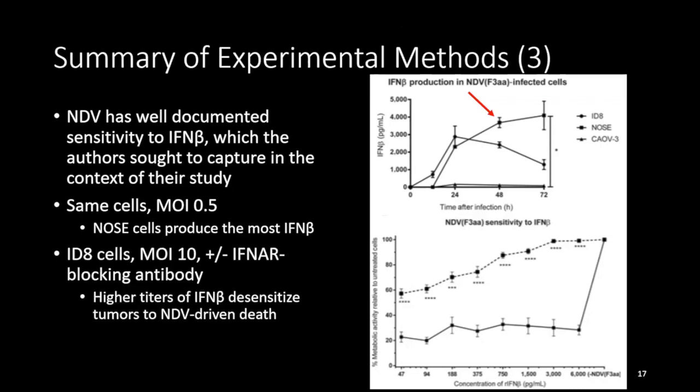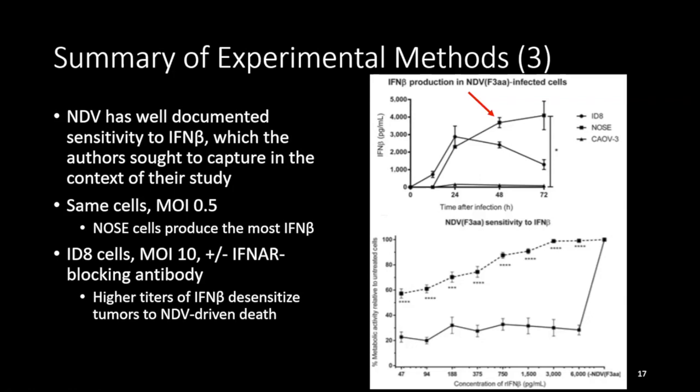On the subpanel on the bottom, they're looking at cell survival after infection and administration of interferon beta. They're trying to see if that additional dosing of interferon beta will reduce cancer killing by the oncolytic virus, and if that reduction is dose dependent.